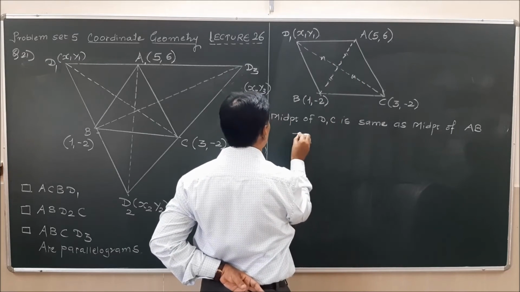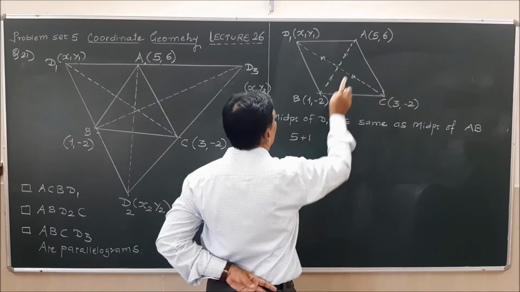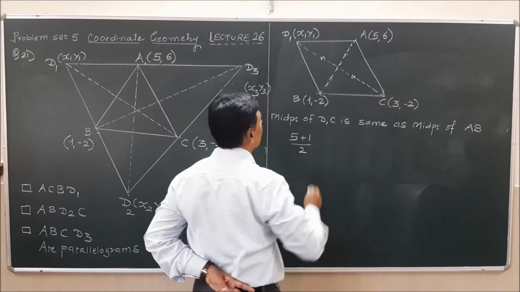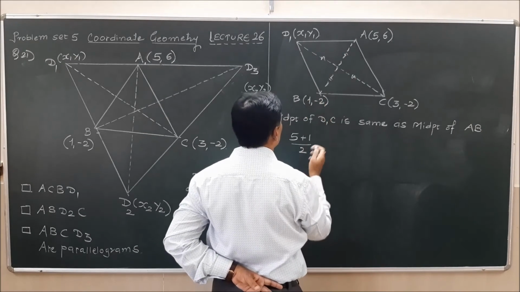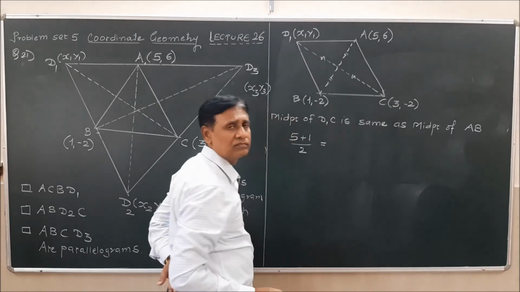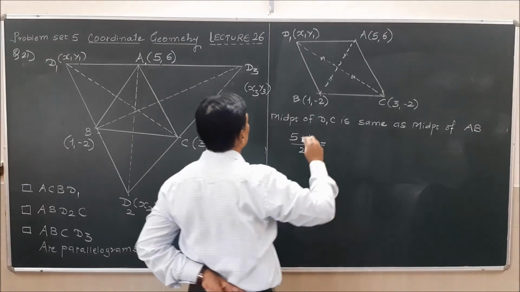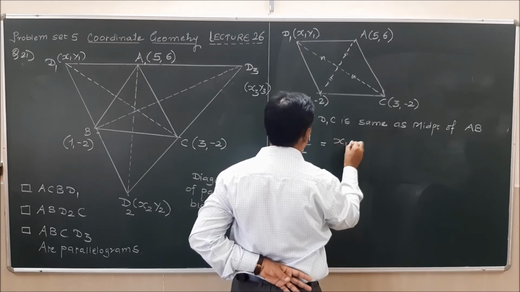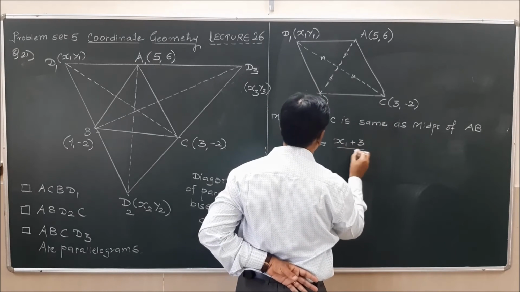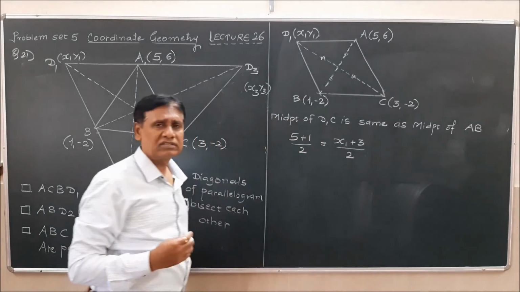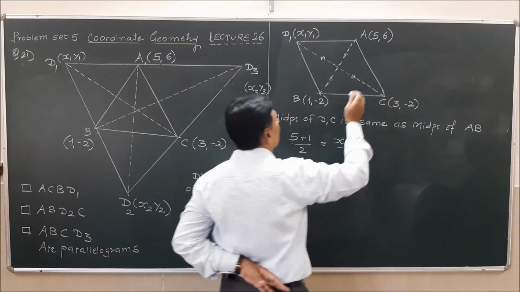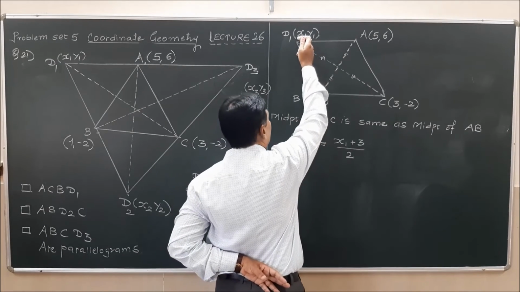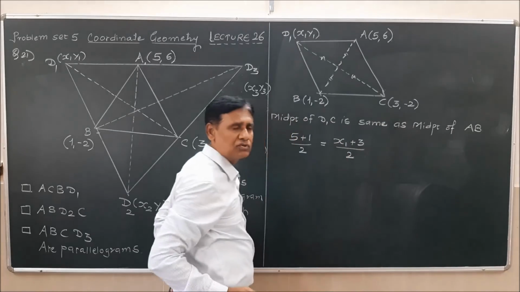Now 5 plus 1 upon 2 is equal to x1 plus 3 upon 2.